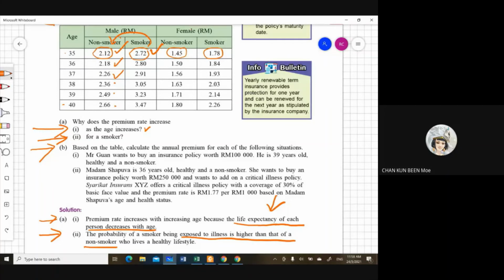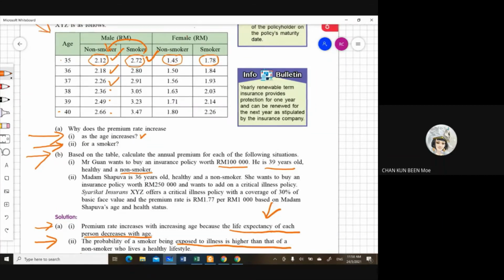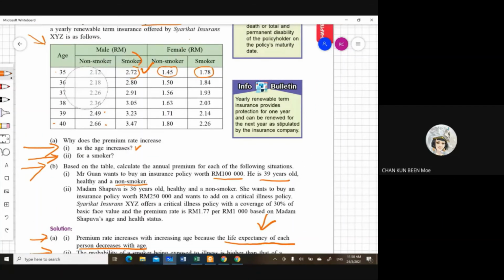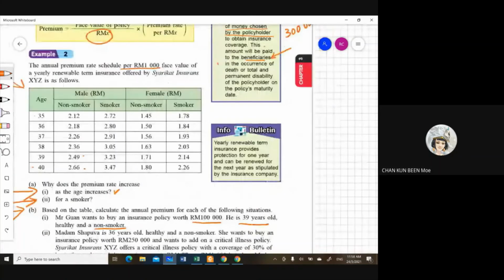Number 1, Mr. Guan wants to buy an insurance policy worth 100,000. He is 39 years old, healthy and non-smoker. So we need to calculate the premium right now. Let's see, you refer to the formula, the premium.